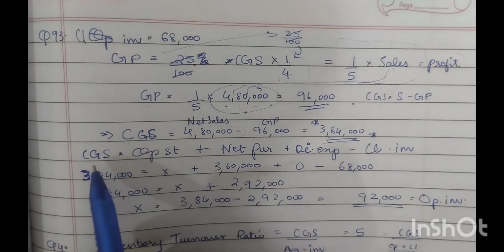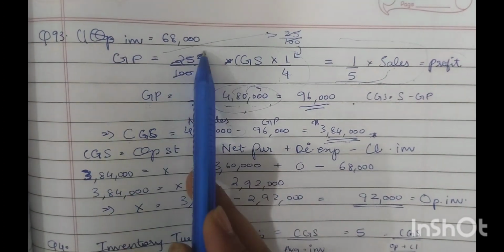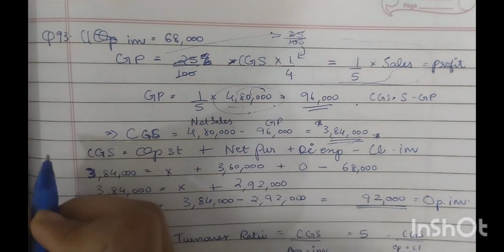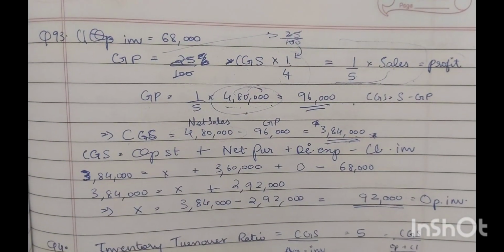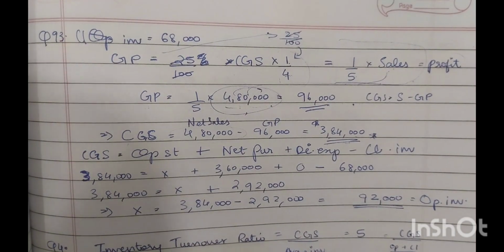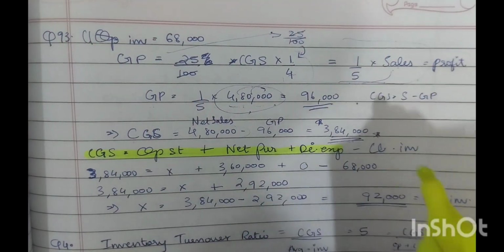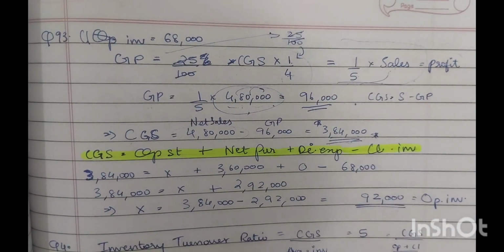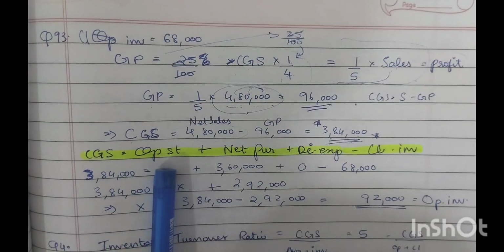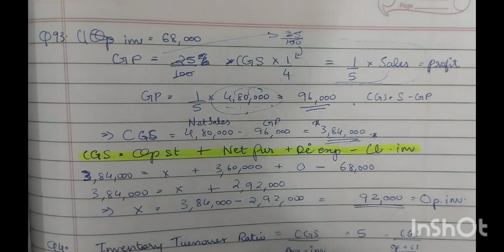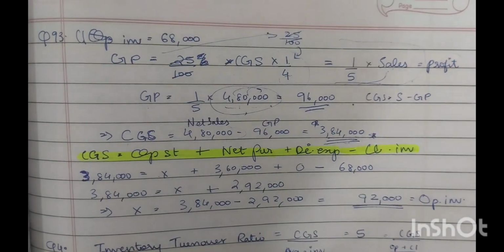Next, we know that closing inventory is 68,000 and we need to find opening inventory. Remember how CGS is actually equal to our opening stock or opening inventory plus our net purchases plus our direct expenses minus our closing inventory. We discussed this in the previous video. So it's opening stock, which is not given to us, so I took that as X. We can just keep it as opening stock or take it as X. Either way works.